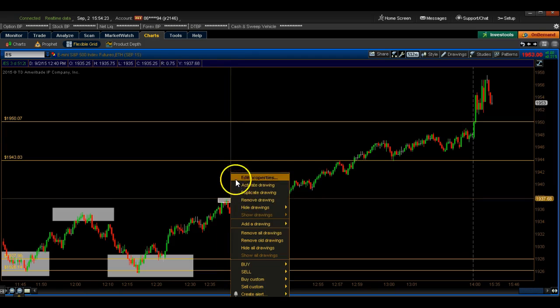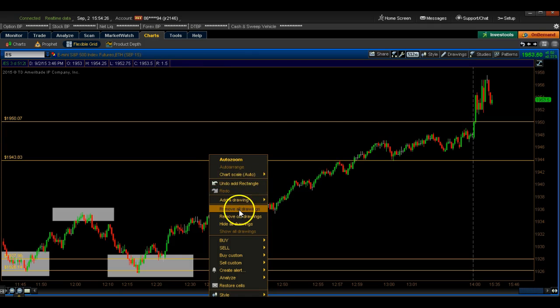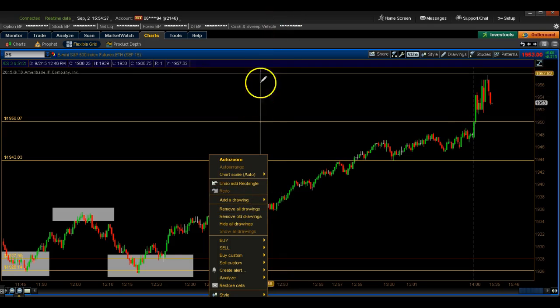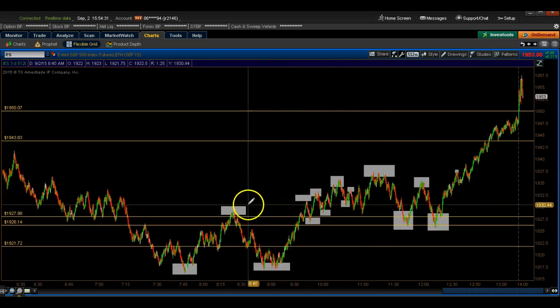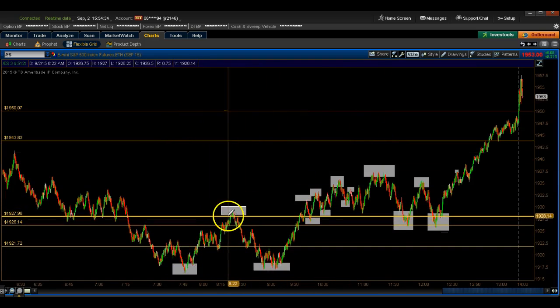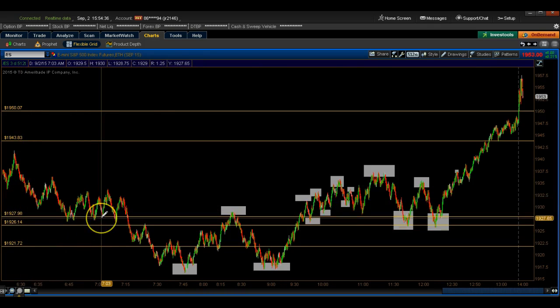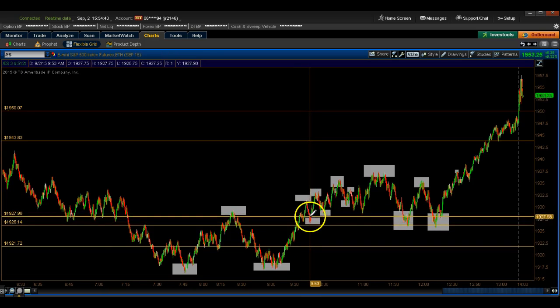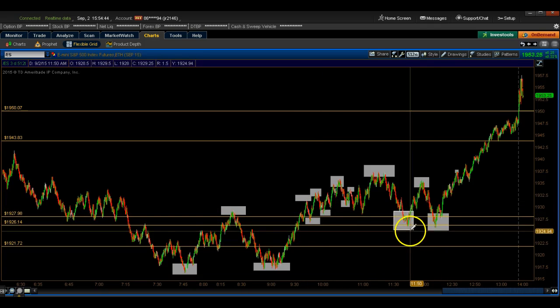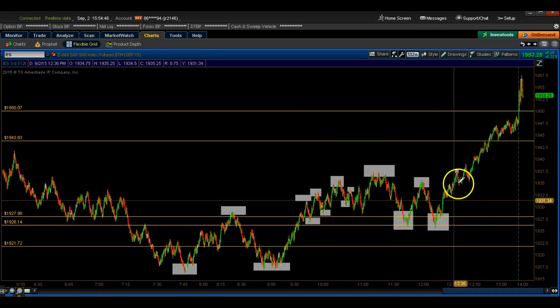Okay, here, and let's erase all these lines. If you actually look real quick before I erase all these lines, look at how well price acted, even at all these lines that I drew from a couple days ago, right? They all still work. Price comes right to it, pulls back, comes down, bounces, right? Comes right down to it, to the tick, and bounces.